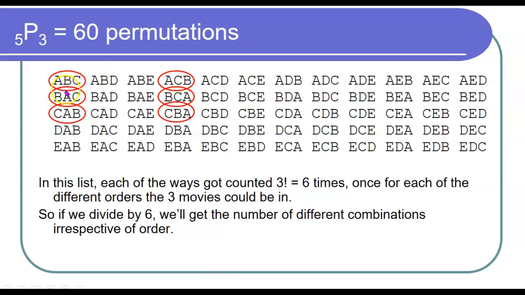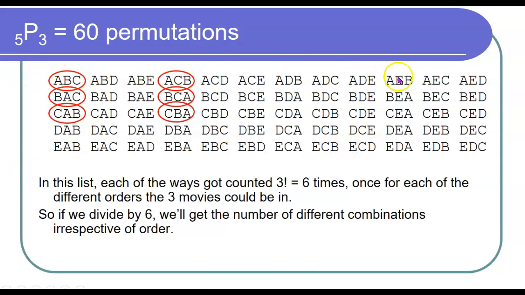In fact, every way of choosing 3 movies appears on this list 6 different times. Once for each of the different orders that those 3 movies could be in. Remember, 3 factorial is 6, and that gives you the number of different orders that those 3 could be in.